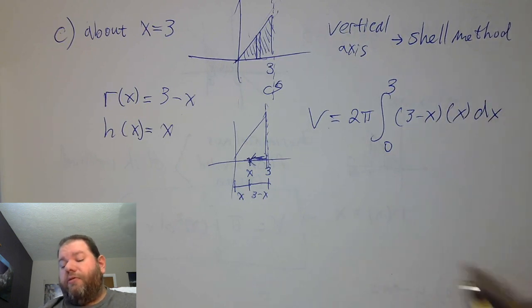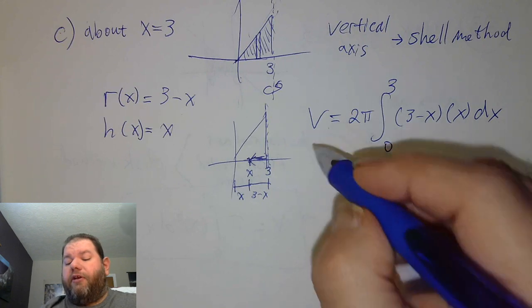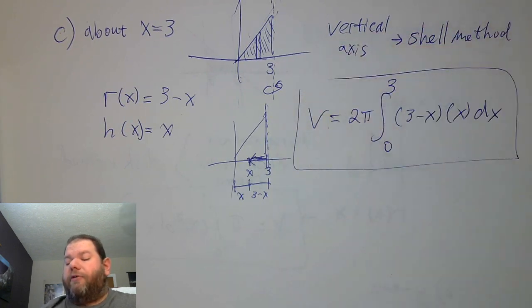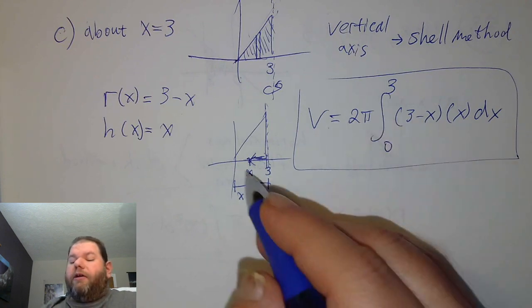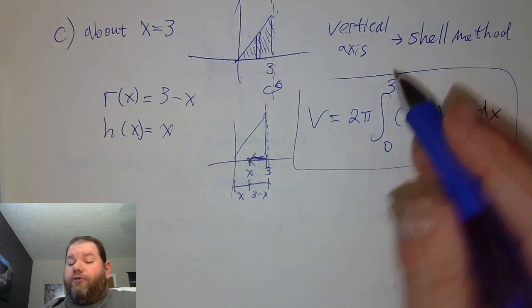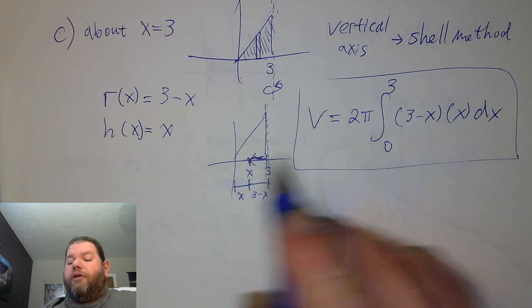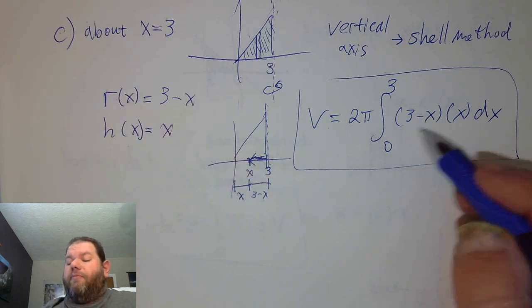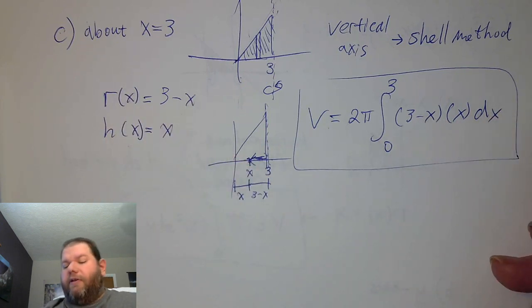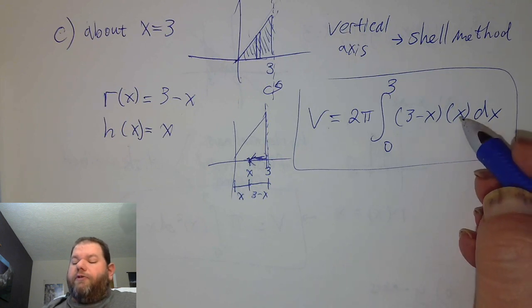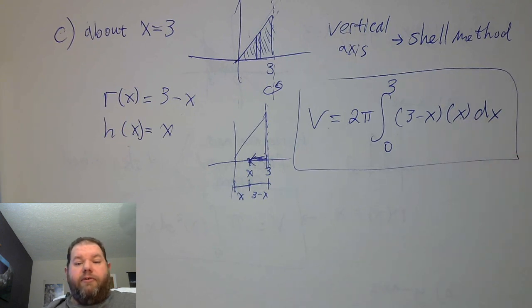And then from there, we just plug everything into our same shell method formula that we talked about before. So 2 pi integral from 0 to 3 as usual, and then the product of r and h, which we found was 3 minus x times x dx. And again, working from there, we would just distribute our x and then integrate the resulting expression.